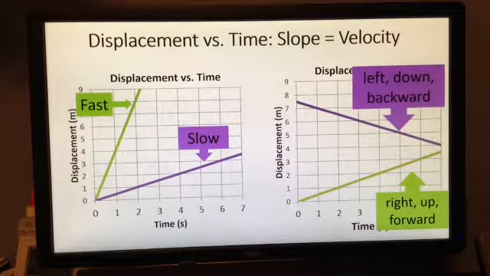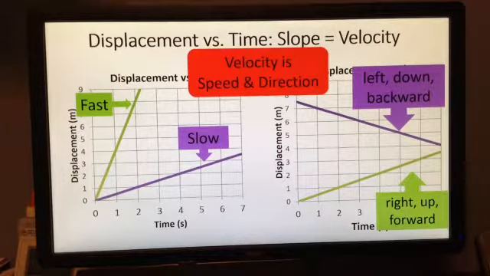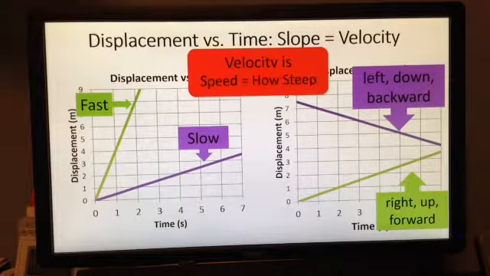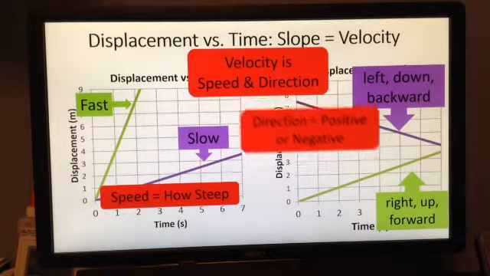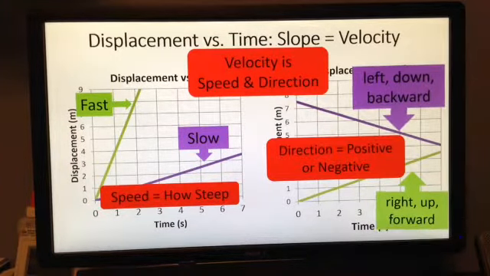So, slope equals the velocity in a displacement versus time graph. Velocity is both speed and direction. So as we said, speed, we're talking about how steep that slope is, either fast or slow. And the direction is either positive or negative.